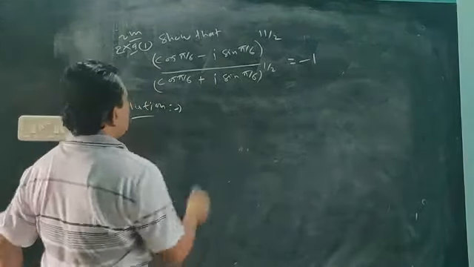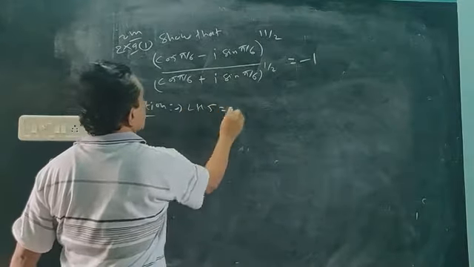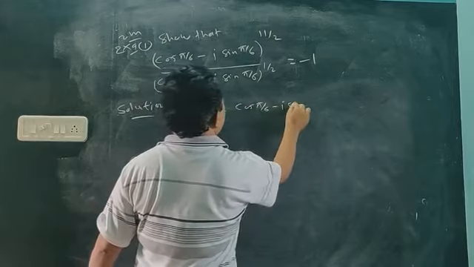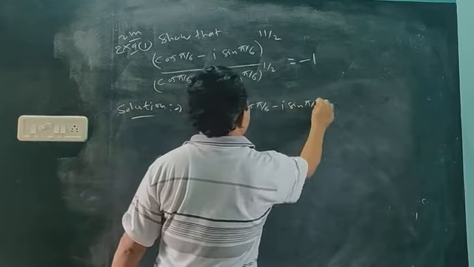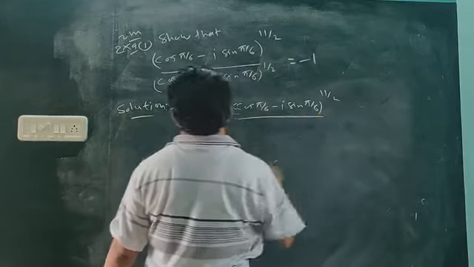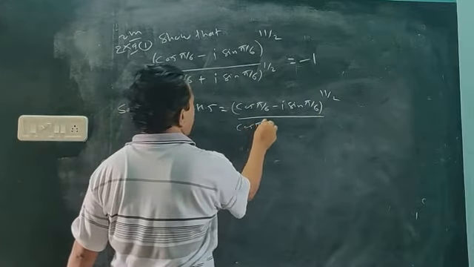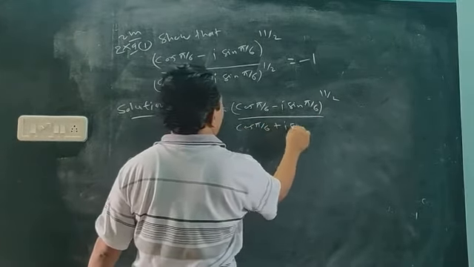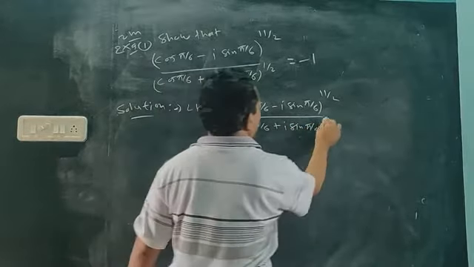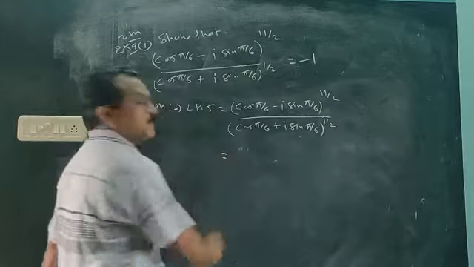So this is cos pi by 6 minus I sin pi by 6 raised to power 11 by 2, upon cos of pi by 6 plus I sin pi by 6 raised to power 1 by 2.